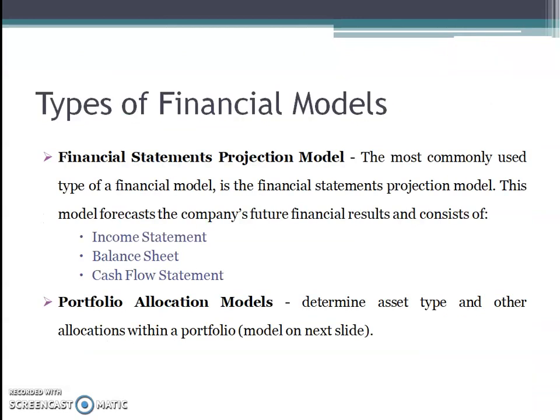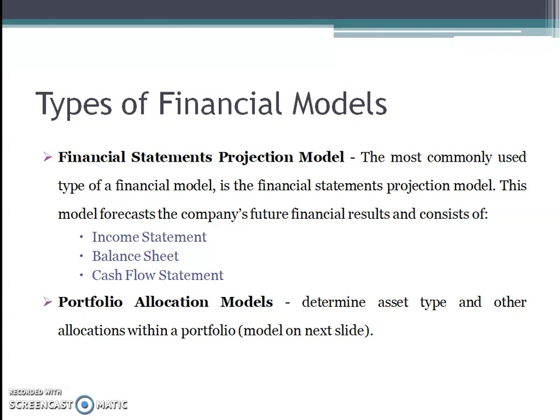The next type of financial model is the financial statement projection model. The most commonly used type of financial model is the financial statement projection model. This is also known as the three statements model.